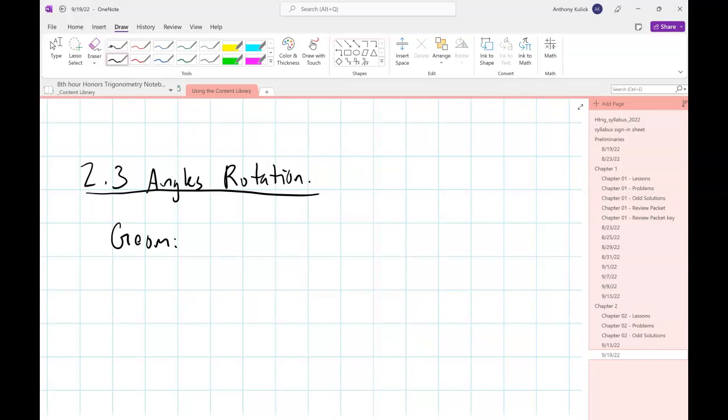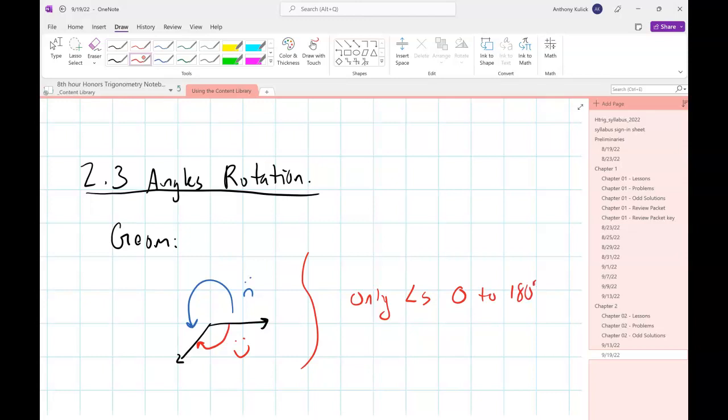That's okay, because if you try to draw something like this, where do you measure your angle? Always this side, right? You would never go with the bigger one. Everybody agree with that? So this is frowny face in geometry land. This is happy face in geometry land. So you can only do angles from 0 to 180 degrees in geometry. Those are the only pictures you can draw.